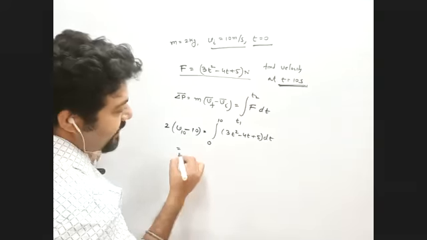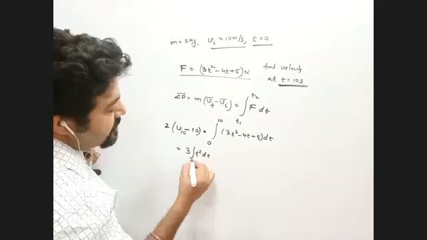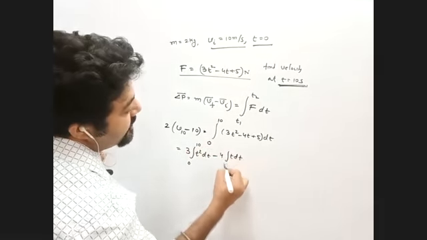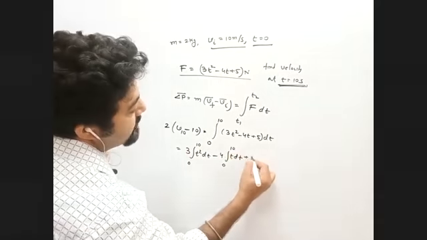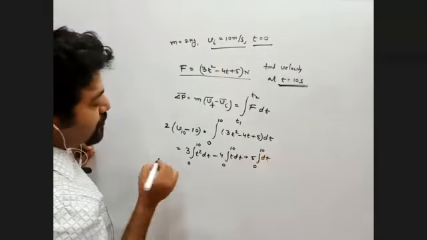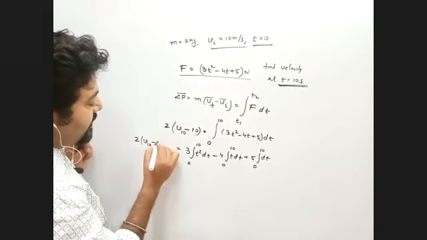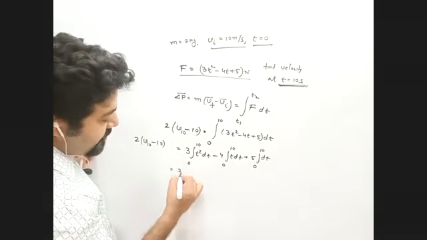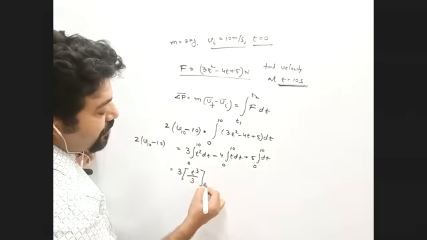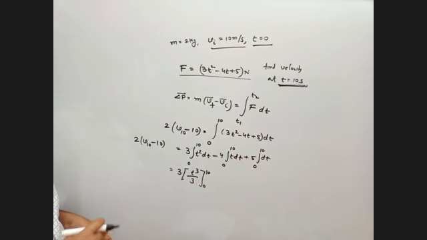So what we can write, integration of 3t square dt from 0 to 10, minus 4t dt from 0 to 10, plus 5 dt from 0 to 10. So 2 times velocity at 10 seconds minus 10 equals 3t cubed by 3. I think we all know integration. These are very simple integrations, not very complex.